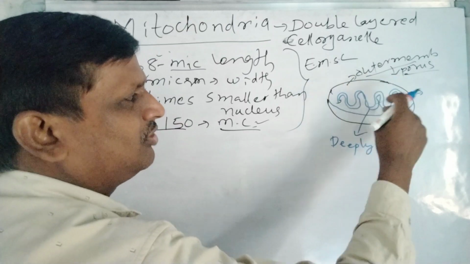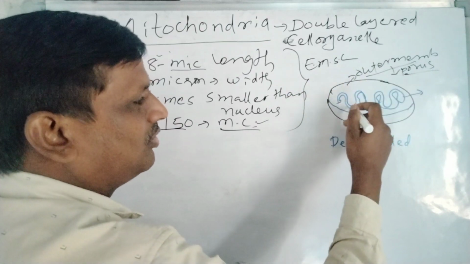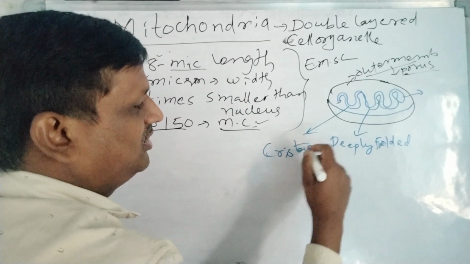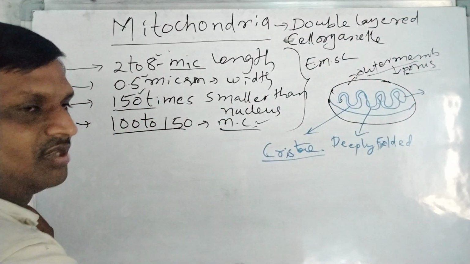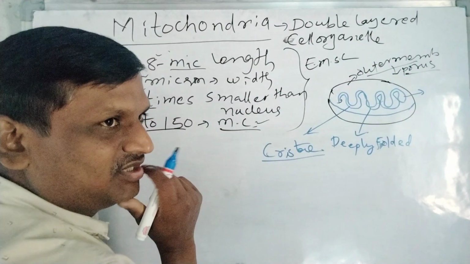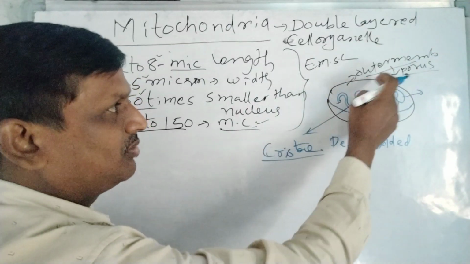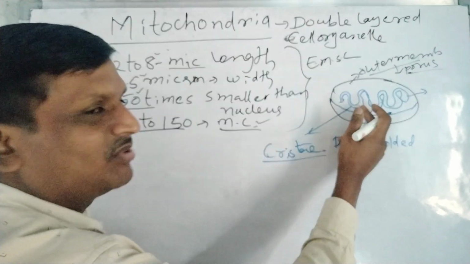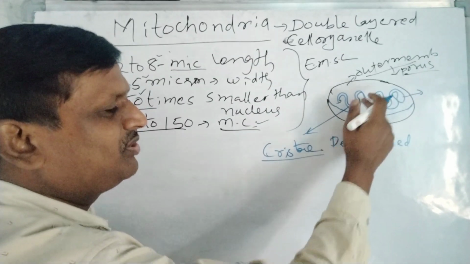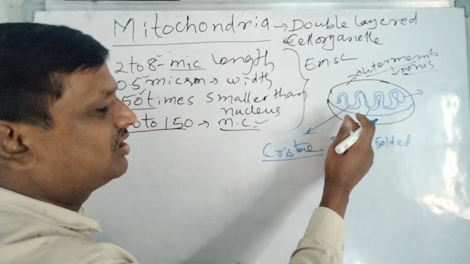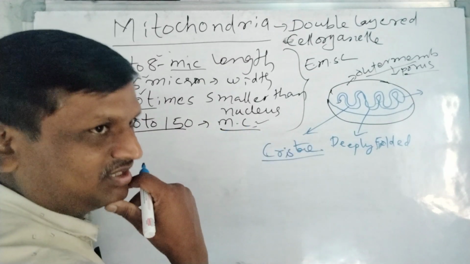This deeply folded inner membrane is called cristae. So it has two membranes: the outer membrane is generally porous, whereas the inner membrane is deeply folded into the mitochondria. This deeply folded inner membrane is called cristae.